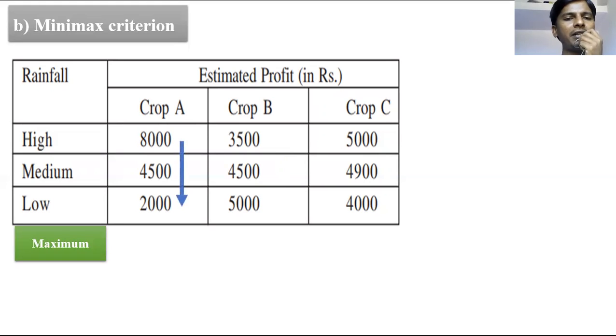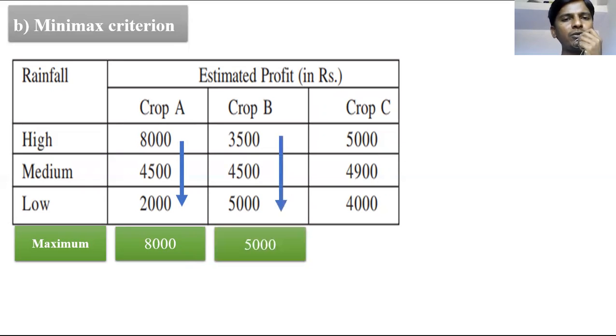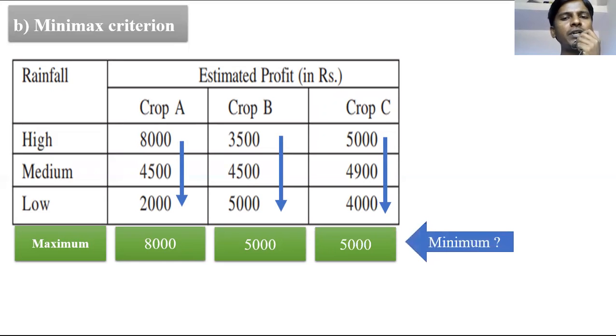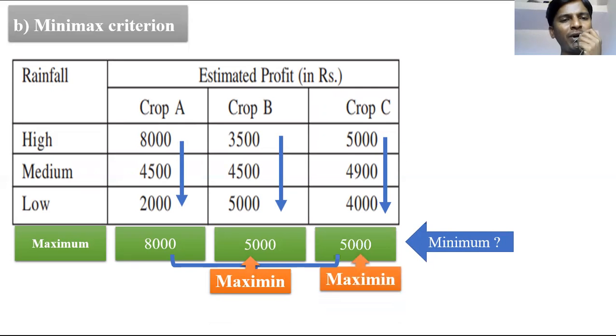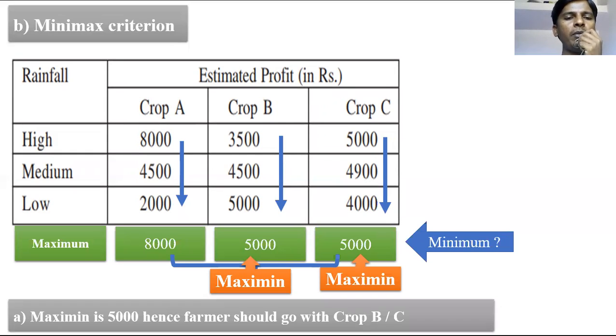The maximum estimated profit is 8000 for crop A, 5000 for crop B, and 5000 for crop C. And out of those maximum values, which one is minimum? The minimum is crop B, that is 5000, and crop C, that is 5000. So on the basis of minimax criteria, we can suggest the farmer can go with crop B or crop C.